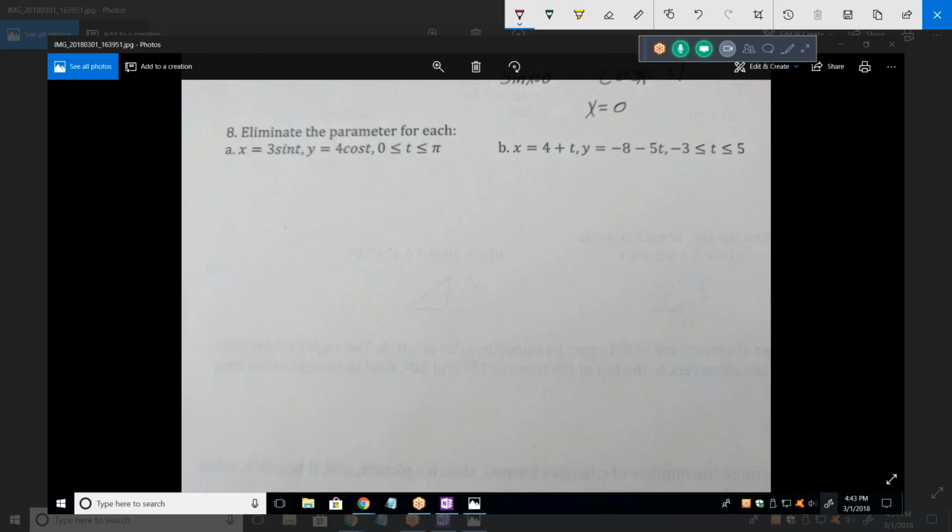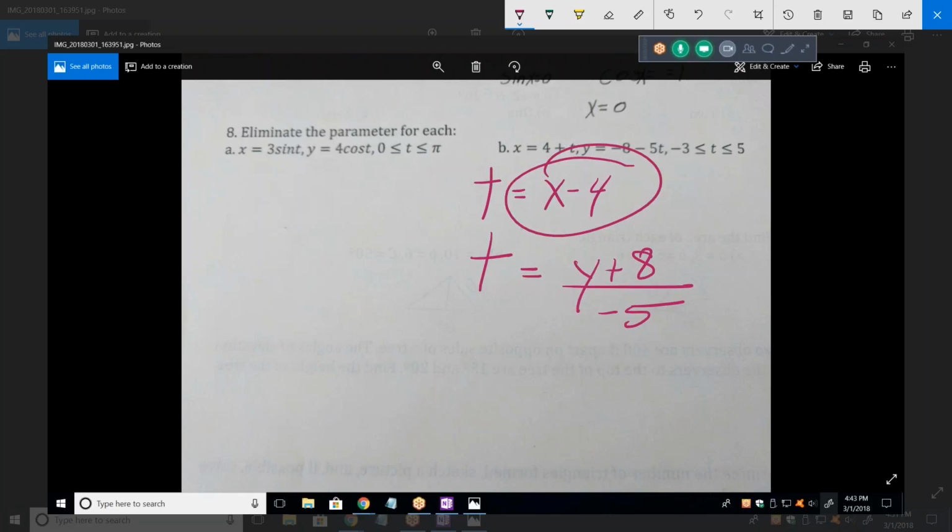That's going to be the same thing. Here, let's go through the math again. T is equal to x minus 4. Over here, t is equal, got to move the 8 over, so that's y plus 8. I got to divide both sides by minus 5. Now I'm going to set that equal to that.